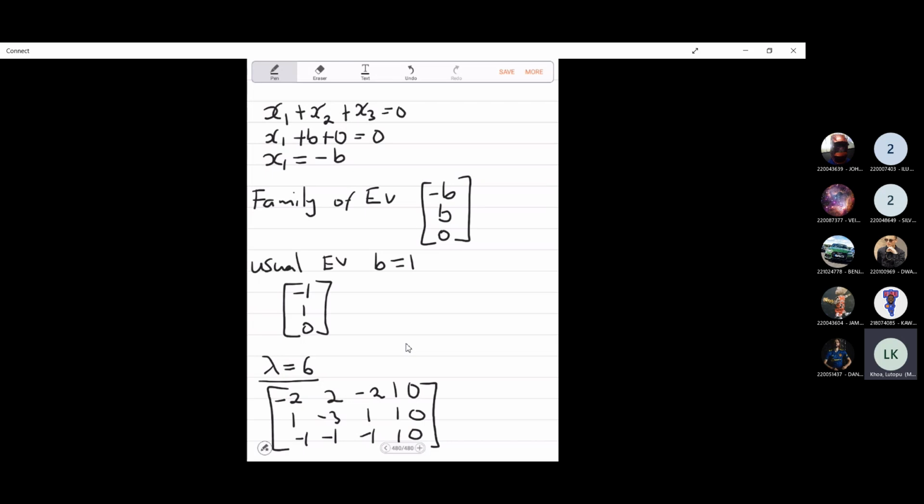So again, we want to get as many unique column vectors as possible. So we can start with the first one. We divide it by -2. With the second one, we can say row 2 plus row 3. And then the last one, we will divide it by -1.